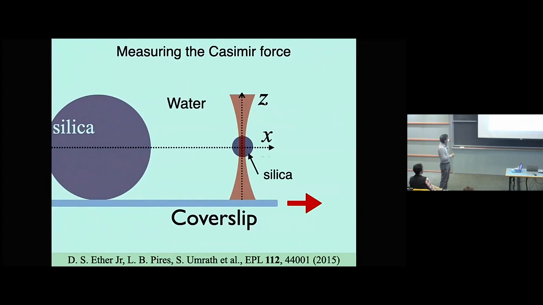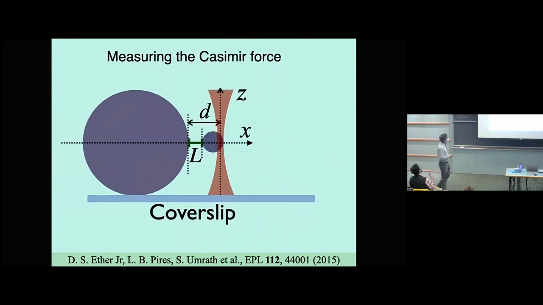So I have my silica bead, which is optically trapped by the laser beam here. And then I have another silica bead, larger, which is just sitting on top of the glass on the bottom of my sample. When I approach by moving the microscope stage using a piezo, I'm going to have this interaction.